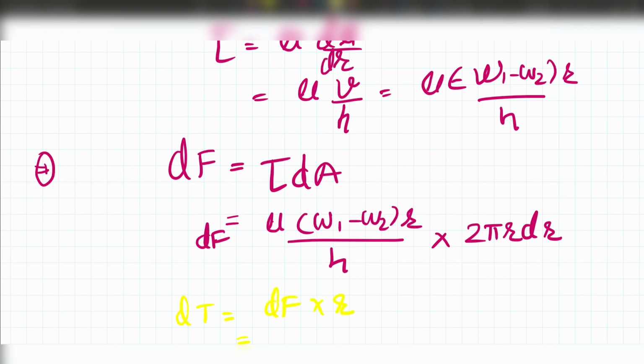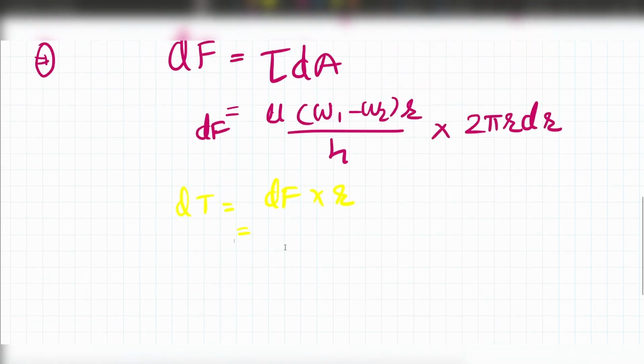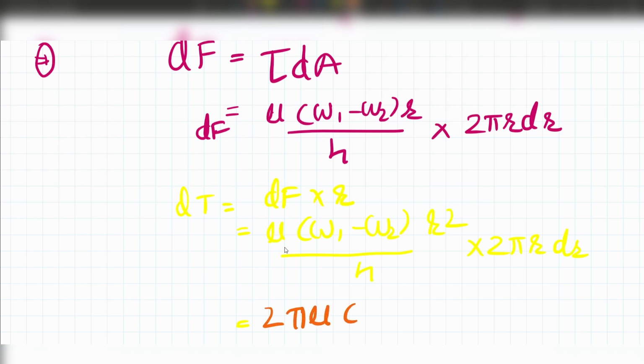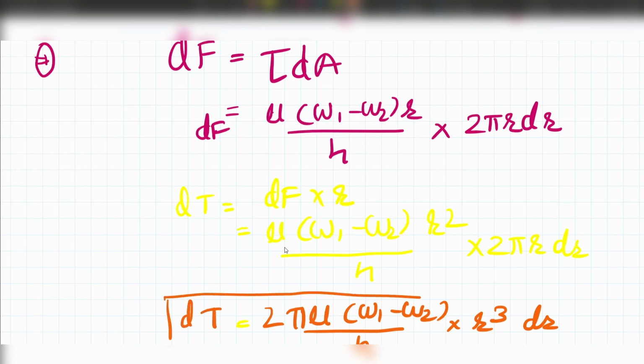This is torque. dF we know is mu omega 1 minus omega 2 r square divided by h into 2 pi r into dr. If we simplify and rewrite it, dT is 2 pi mu omega 1 minus omega 2 divided by h into r cube dr. This is our dT equation.